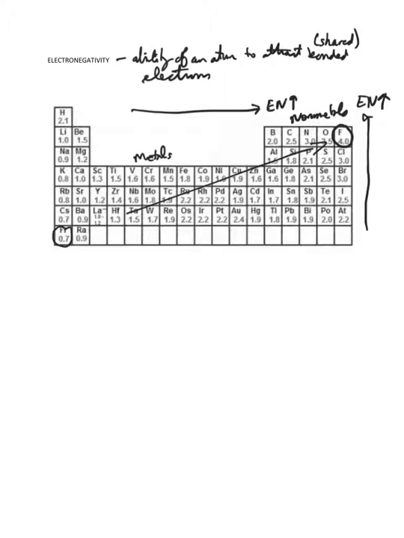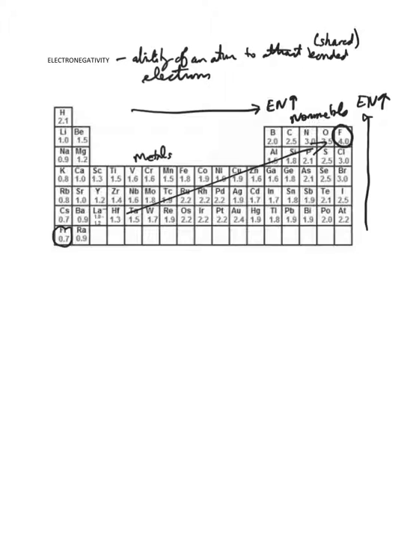There are a few exceptions within the transition metals as we look from top to bottom, but as a general trend, that is correct. And so electronegativity gives us a way of measuring how well an electron pair is shared by the atoms that are bonded to it.